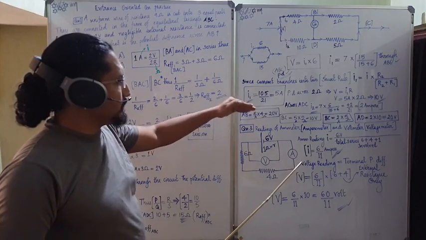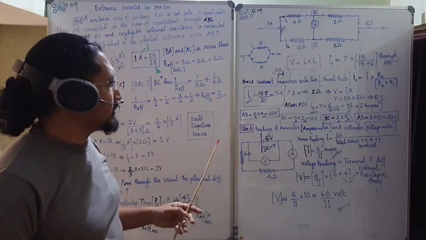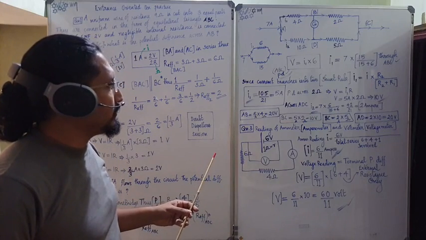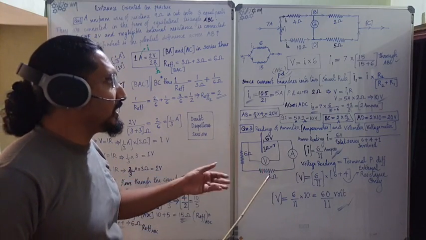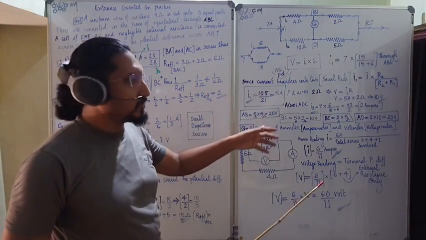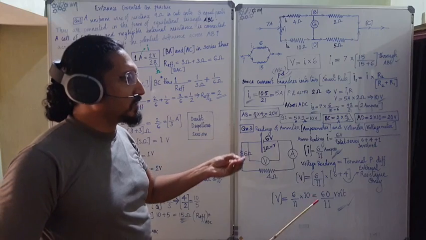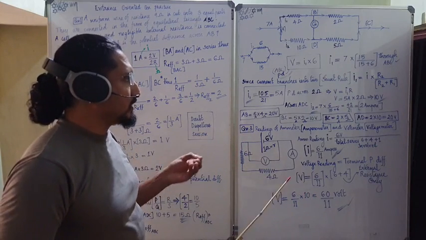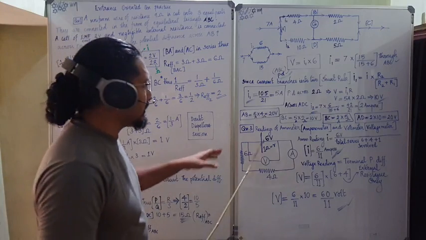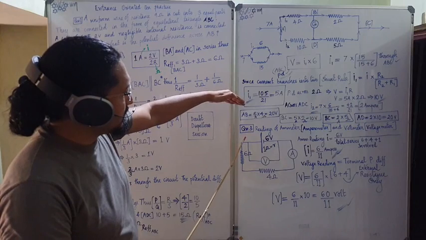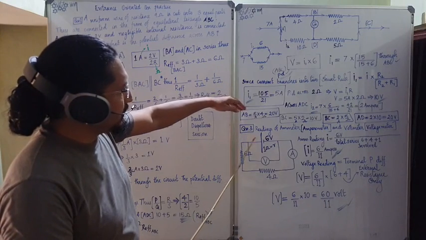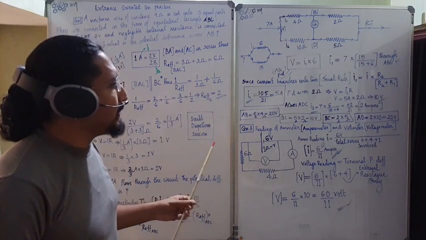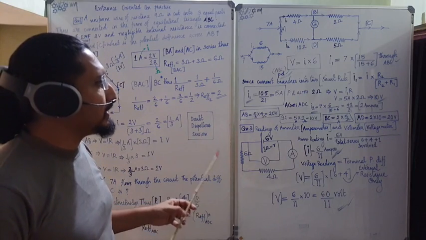Coming to the third question. I don't think I have over explained this question, because there are some people facing difficulties. It is for them. Question 3 is dealing with an ammeter reading, or ampere meter.